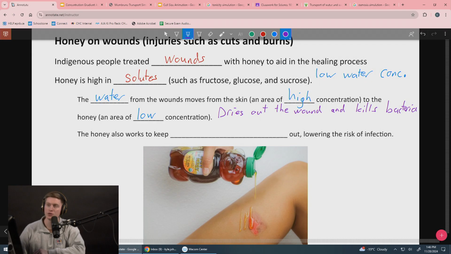The honey also works as a barrier. It's a thick liquid, and it will work as a barrier to keep pathogens, which are organisms that might try and make you sick, out. So it dries out the wound and it keeps pathogens out.